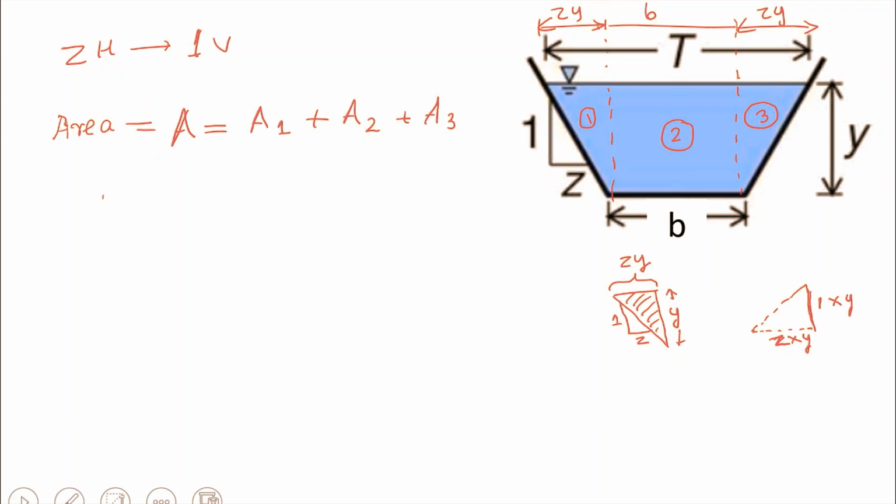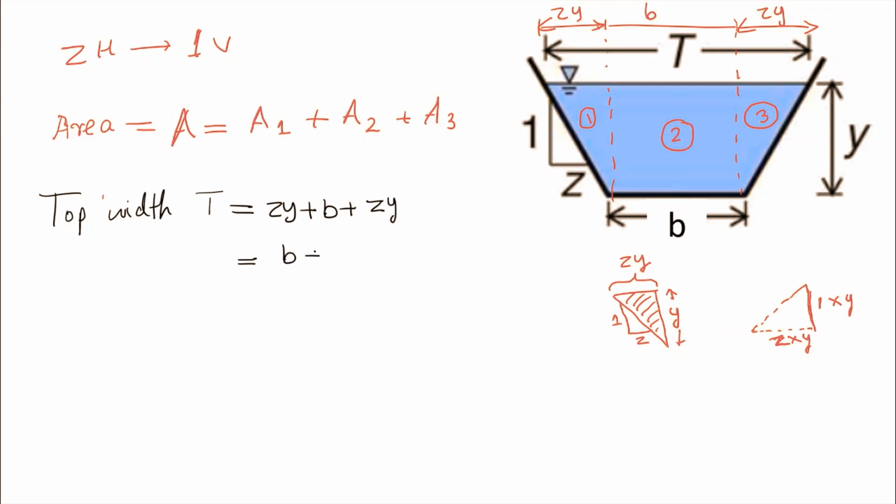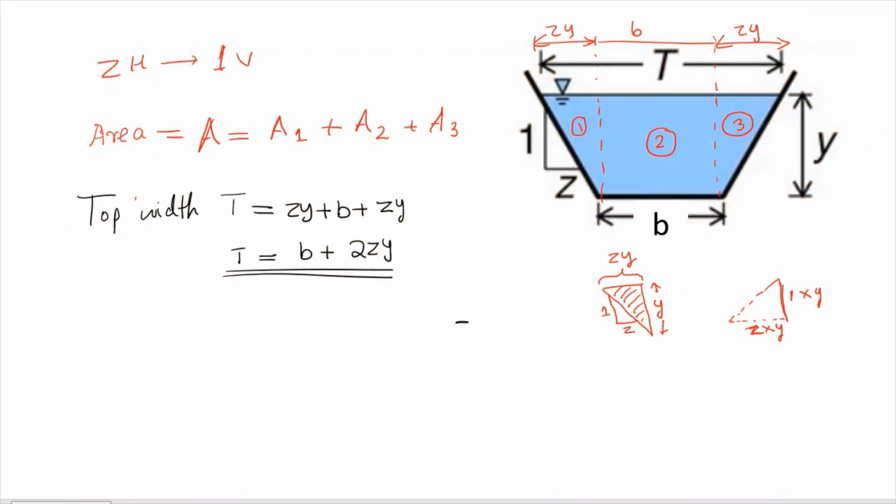So we can write top width T as zy plus b plus zy, which is equal to b plus 2zy. Okay, so this is the top width. So now we have to find out the area of this trapezoidal section.